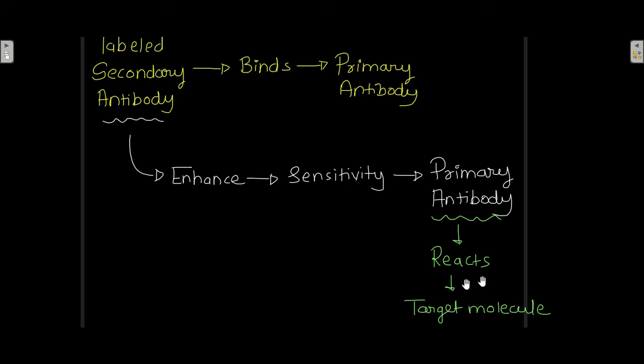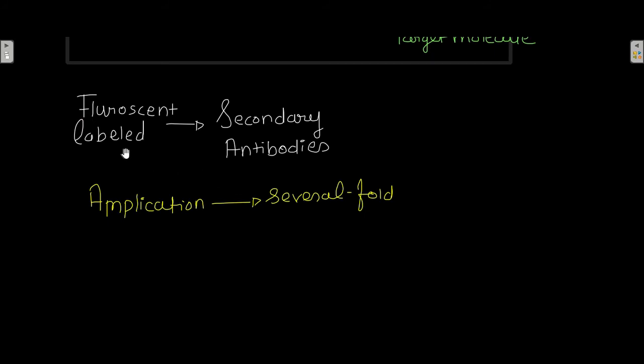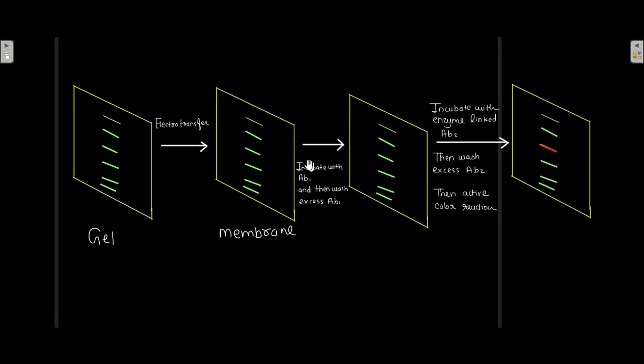This reaction will be more efficient when the secondary antibody binds to the primary antibody. In the case of fluorescent labeled secondary antibodies, the amplification is usually several fold. So this is how immunoblotting looks.